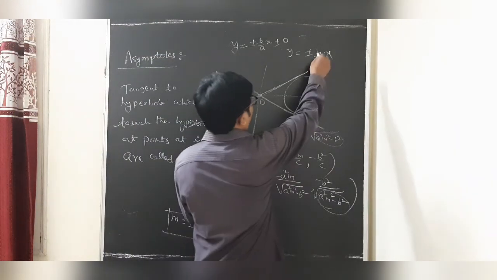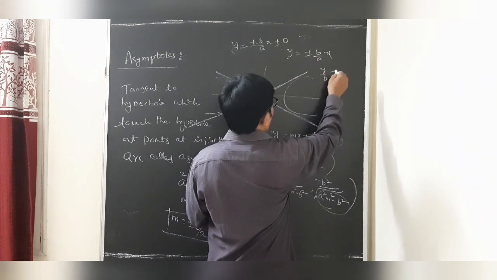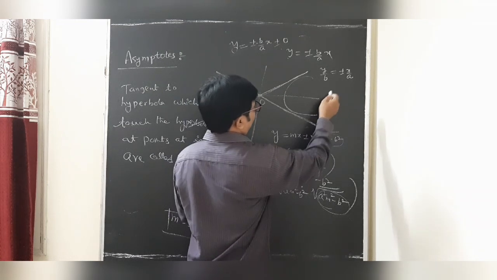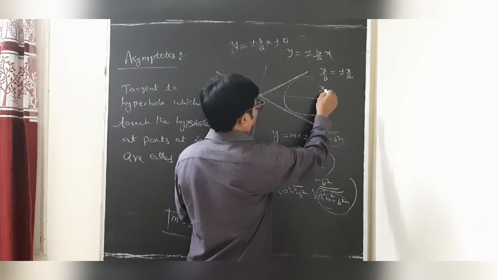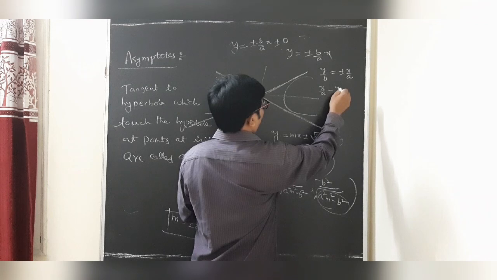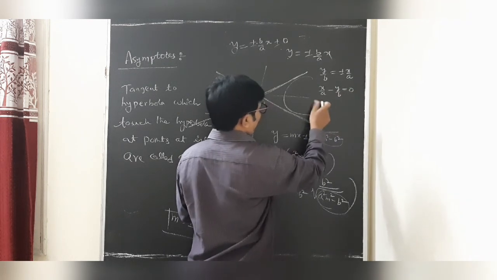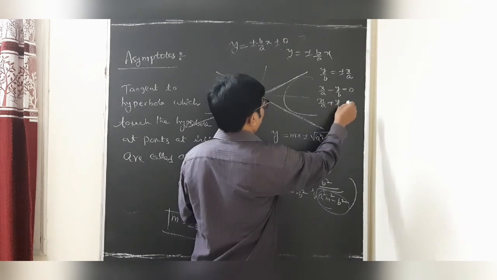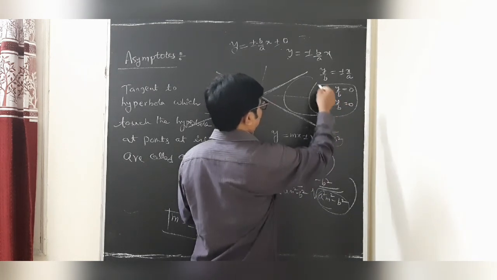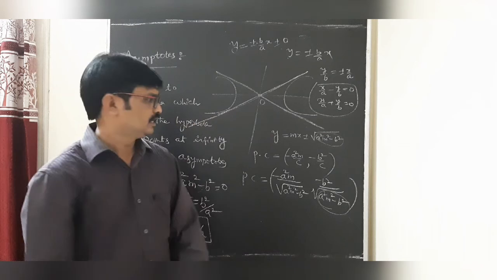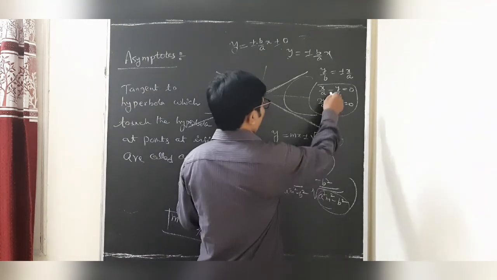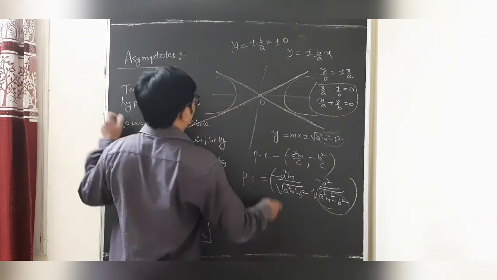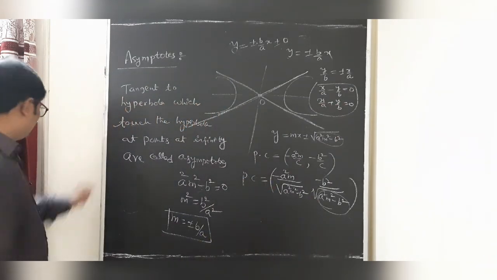We can also write this as y/b = plus or minus x/a. So students, how can you write it? Taking the plus one line: x/a − y/b = 0. The other line: x/a + y/b = 0. These are the equations of the asymptotes, that is, x/a plus or minus y/b. How do we write the combined equation?